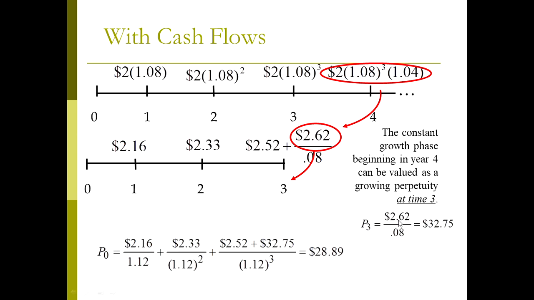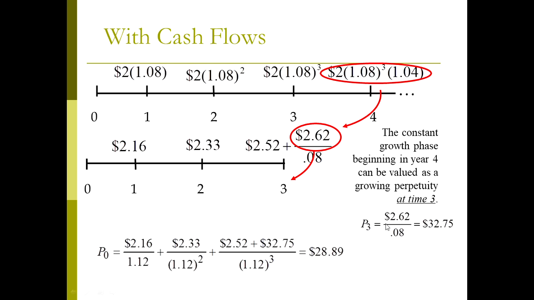Using the $2.62 divided by the difference of the required rate of return, 12%, minus the growth rate, 4%, which is 8%, we can calculate P3, which is $32.75.